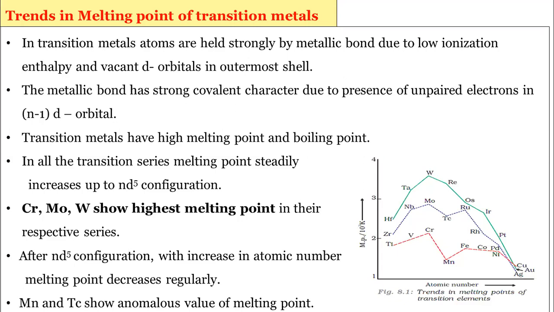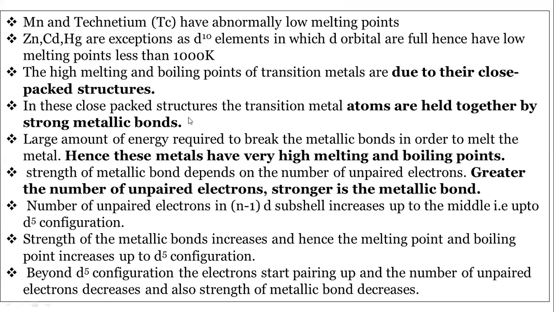But in the case of manganese, the melting point suddenly goes down because the structure of manganese is very complicated, as is the structure of technetium. The explanation is given here, but it is not required in the board exam and is not given in your textbook.